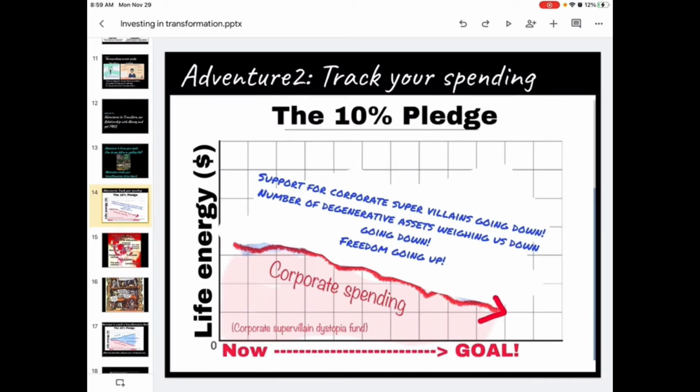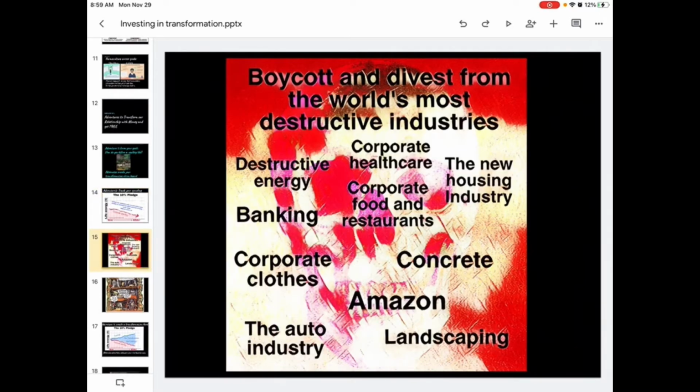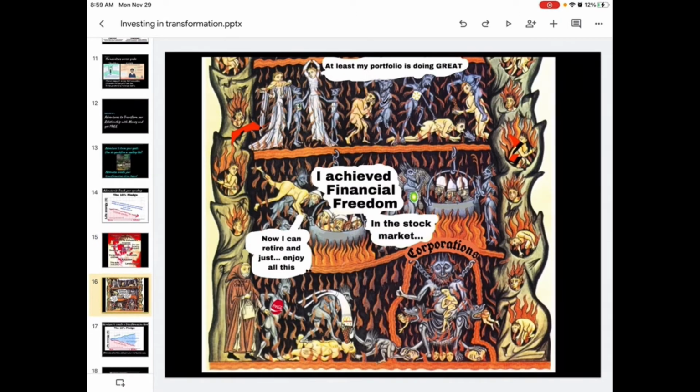So we definitely want to pull our money out of the corporate supervillain dystopia fund and stop supporting these worst industries in particular. Our first goal is to divest from destruction, but we can go further than that. By the way, this is one of the things that makes our perspective on financial freedom a little bit different. A traditional FIRE approach might look at financial independence with the goal of retiring early.